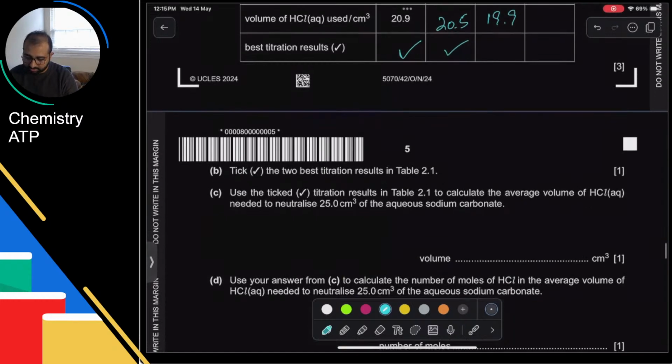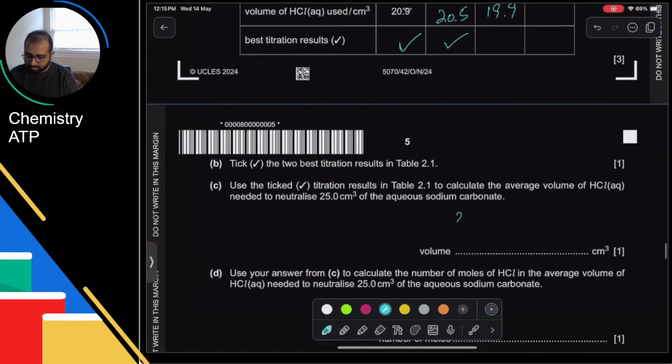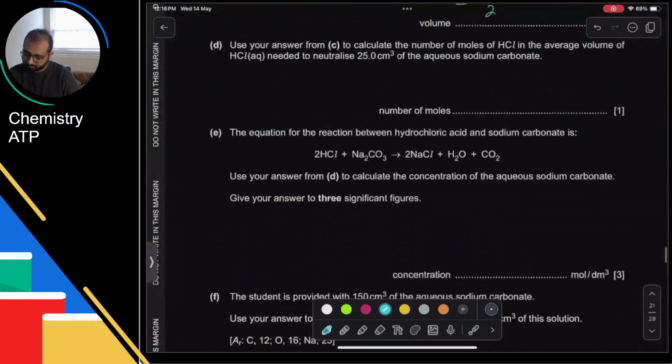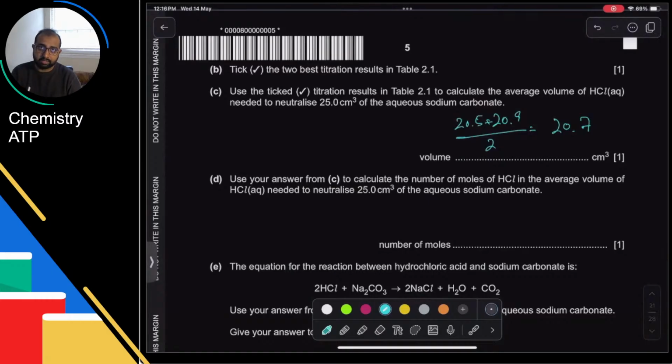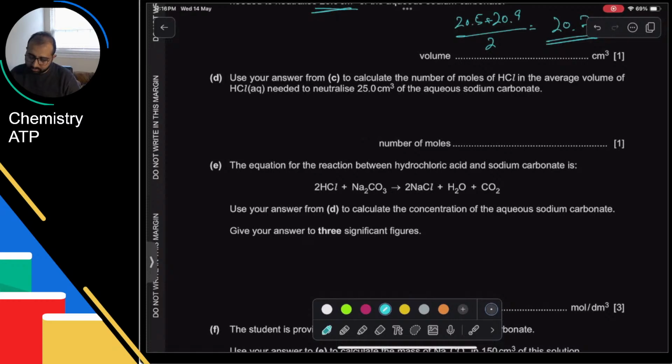The average is going to be 20.5 plus 20.9 over 2, so that's 20.7. Sorry, yeah, 20.7. So that's my value for HCl. I need 20.7 cm³ HCl to react with 25 cm³ of sodium carbonate. Use your answer to calculate the number of moles of HCl in the average volume.